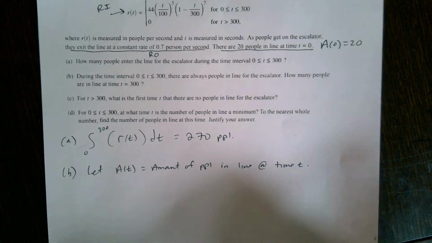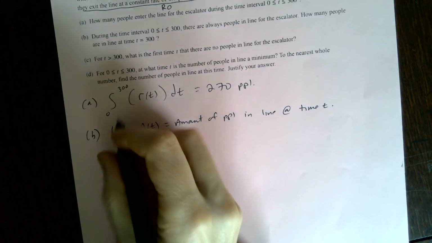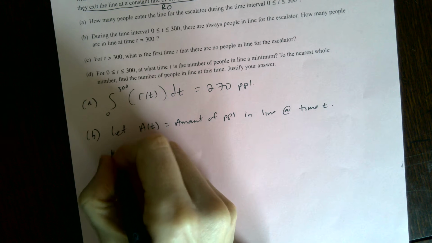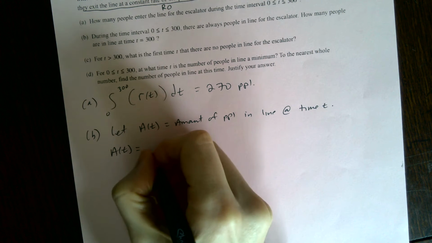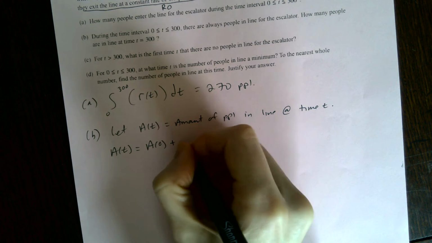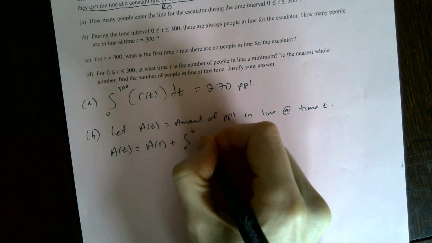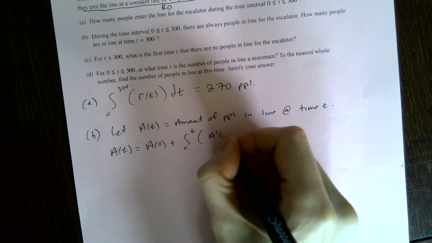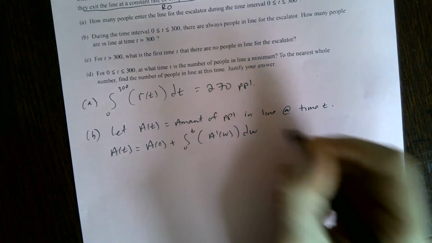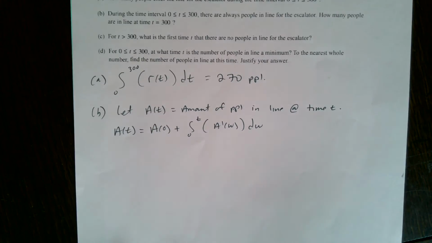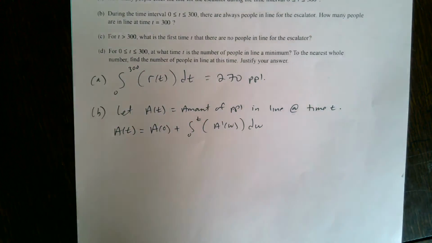All right. Then I know this, guys. I know that A of t is going to be A of 0 plus the integral from 0 to t of A prime of w dw. That's the antiderivative with an integral formula.